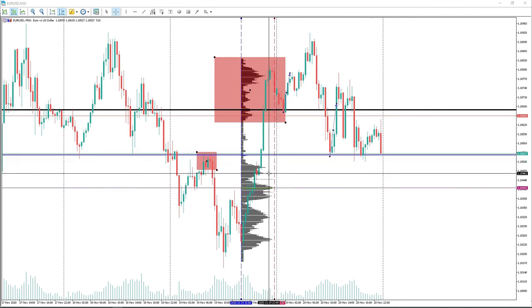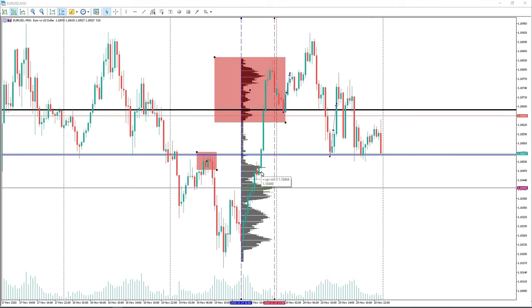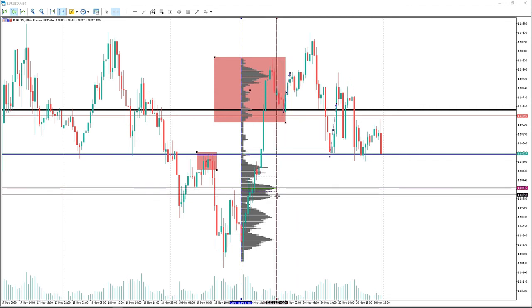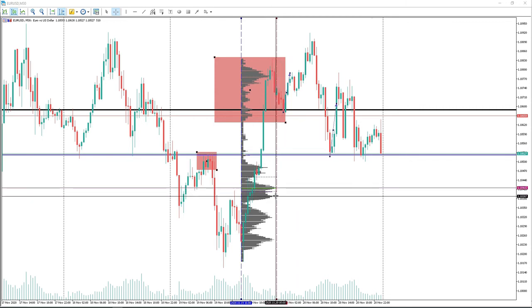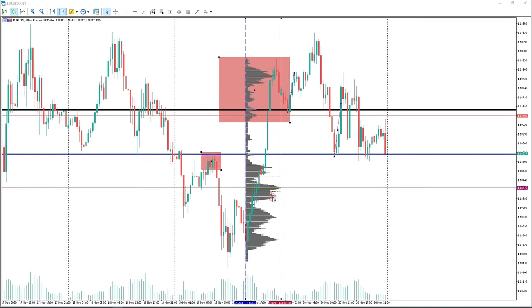It has a relationship with this point here, so we might trade these levels as well, but with me, I will not be trading them. I'll be trading something like this point here, where we've got our point of control. These are the levels which I'll be trading, or somewhere around here, even though here we've got 2.